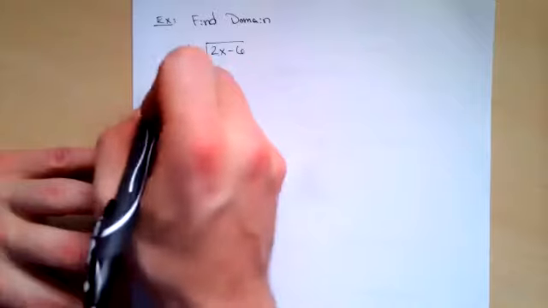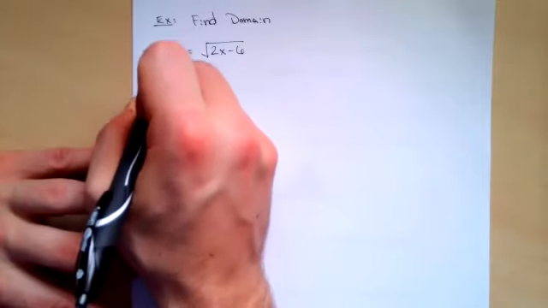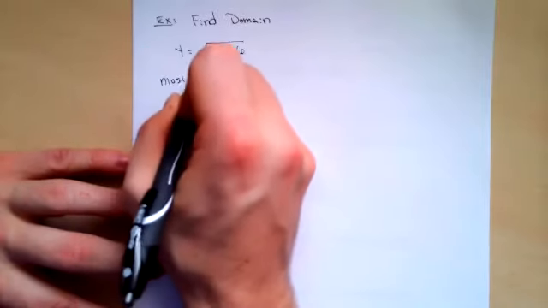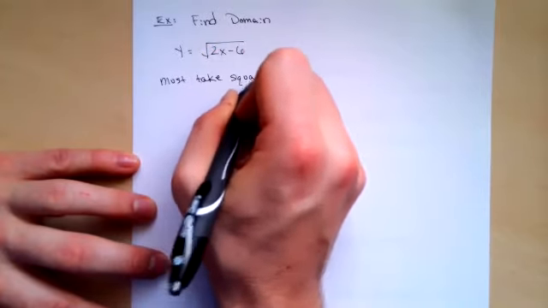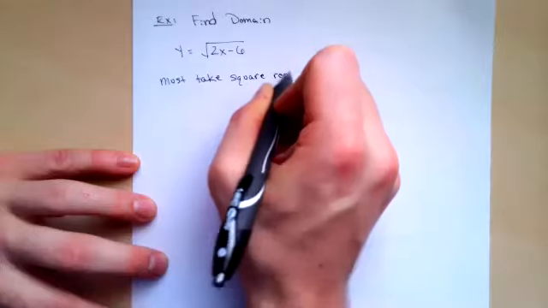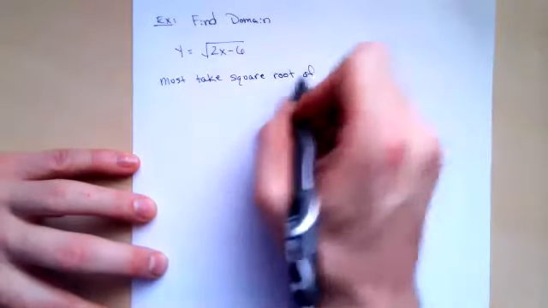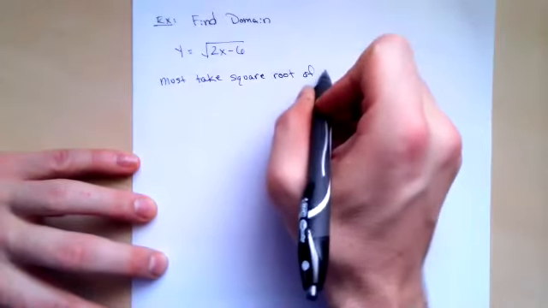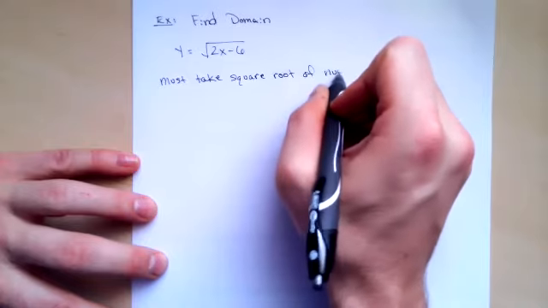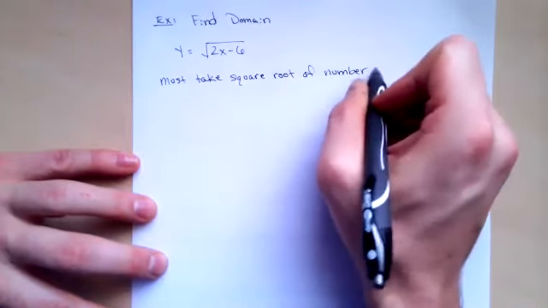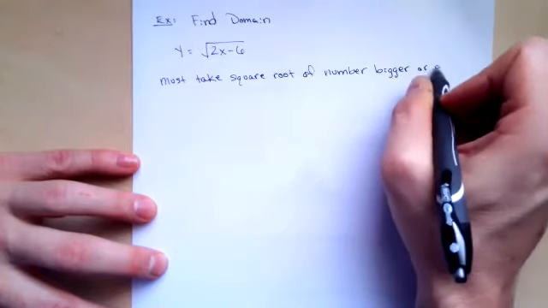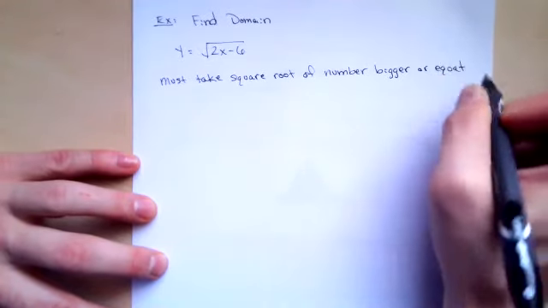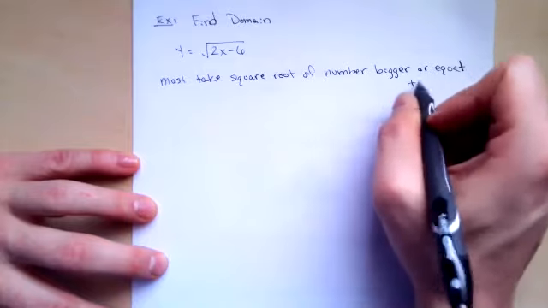In other words, we must take the square root of a number bigger or equal to 0.